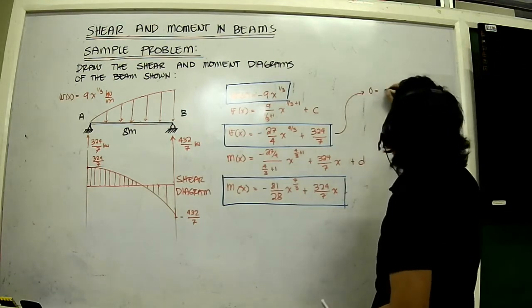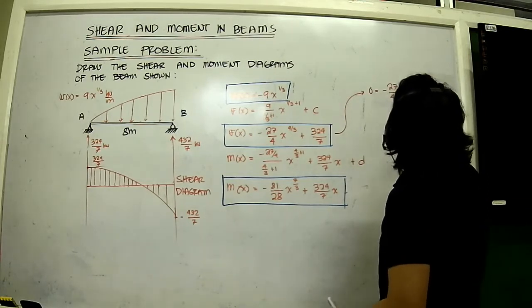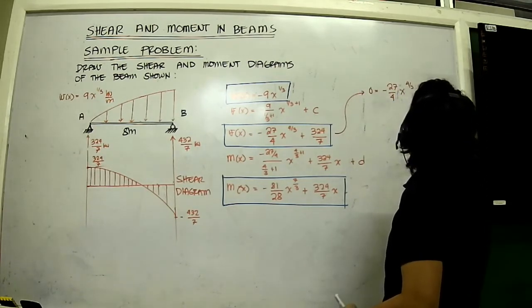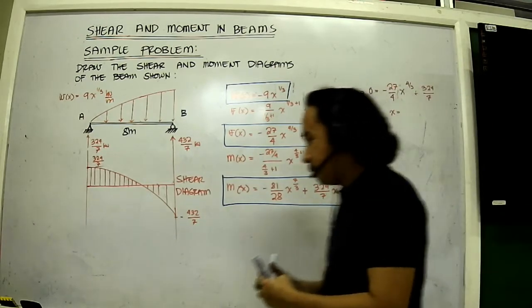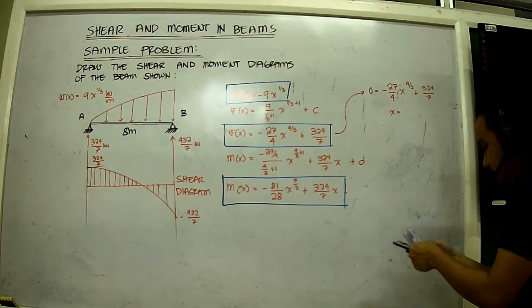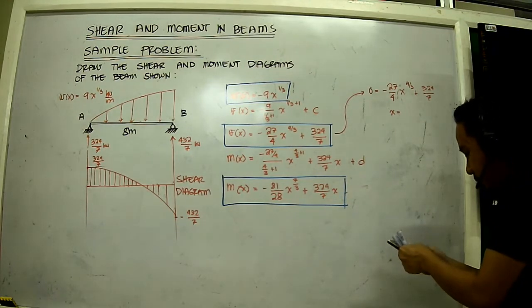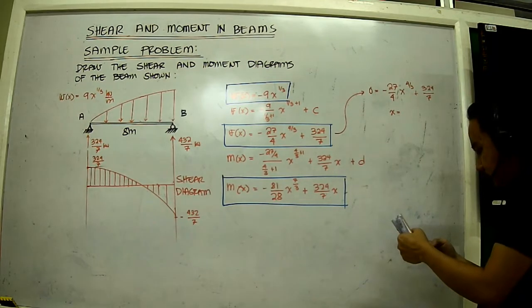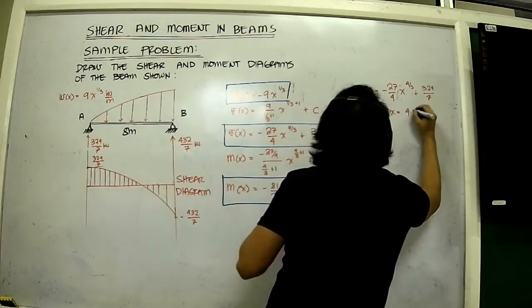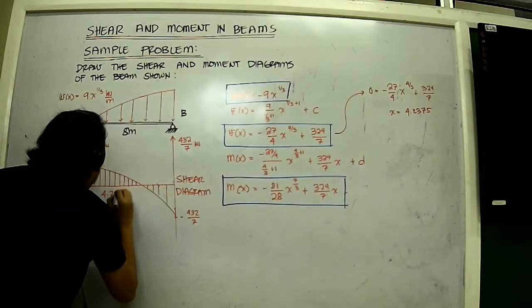I set V equal to 0, and then I solve for X. X should be equal to 4.2375.